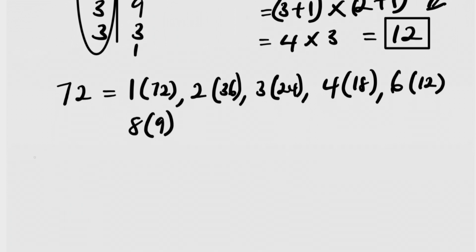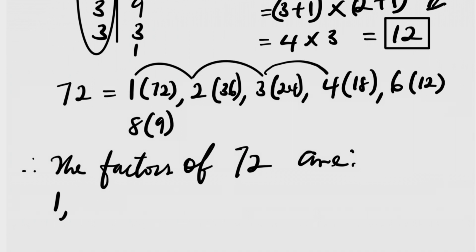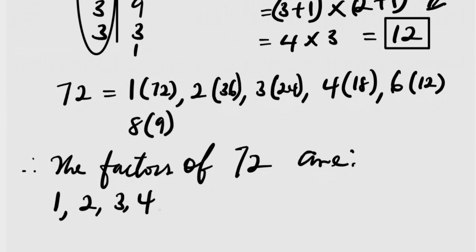So we say, therefore, the factors of 72 are, in ascending order, 1, 2, 3, 4, 6, and 8.